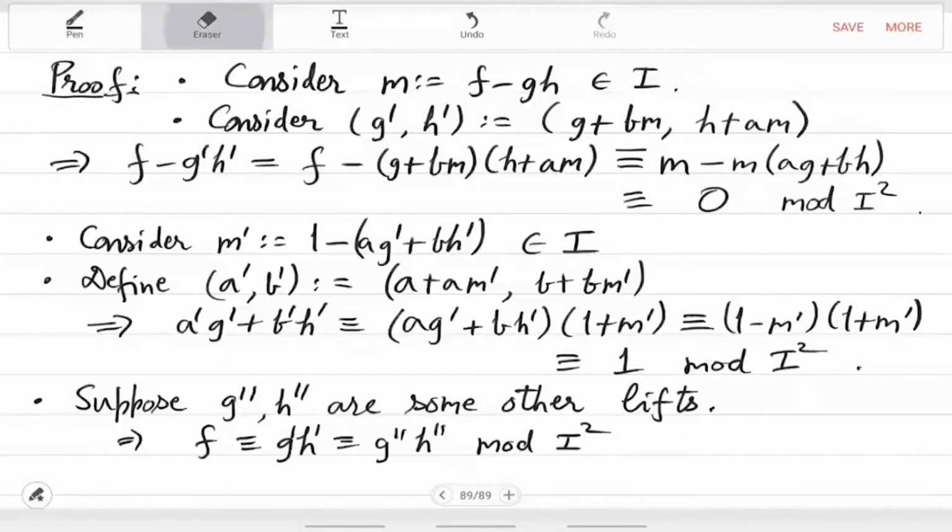So let us look at the difference of g prime and g double prime.